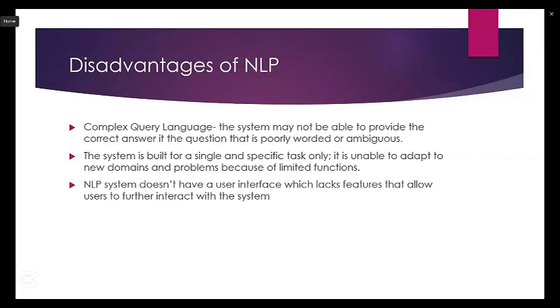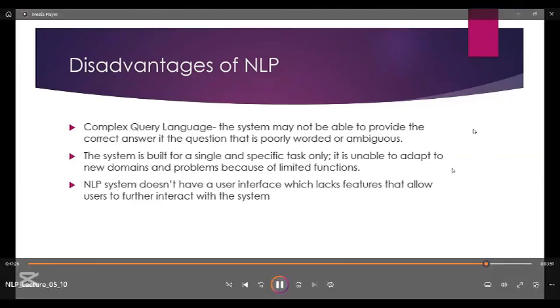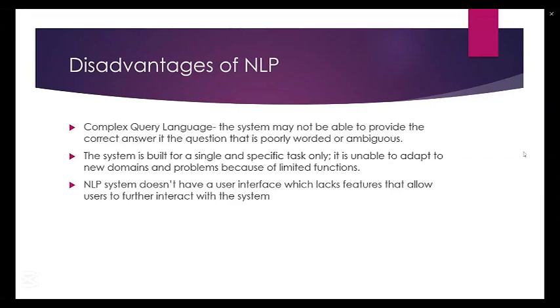The other thing is that the system is built for a single and specific task only. It is unable to adapt to new domains and problems because of the limitation of its function. If you are doing the NLP process for a specific domain, it is always limited to that specific domain.